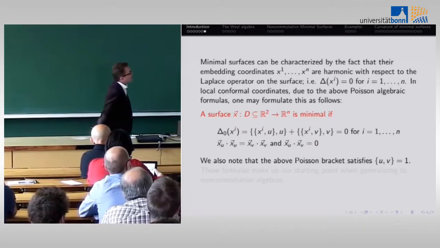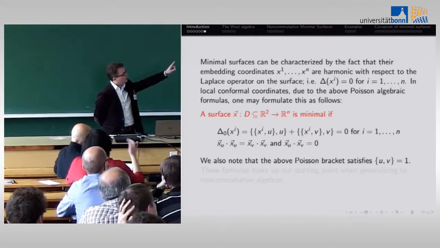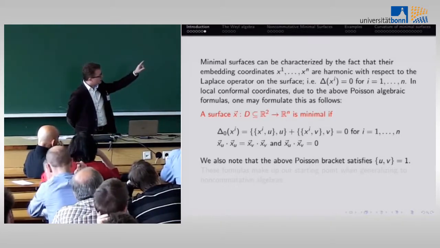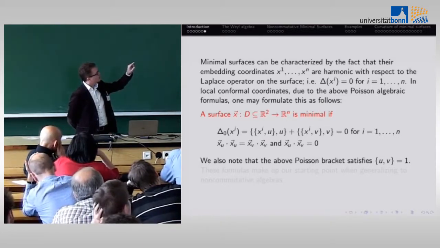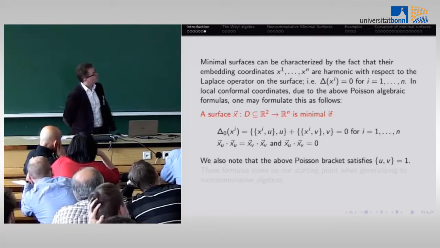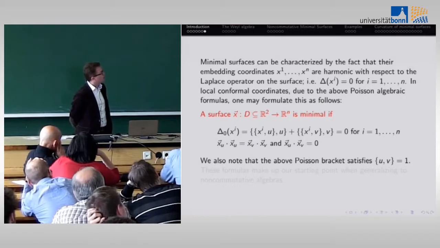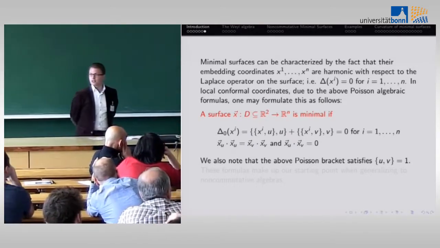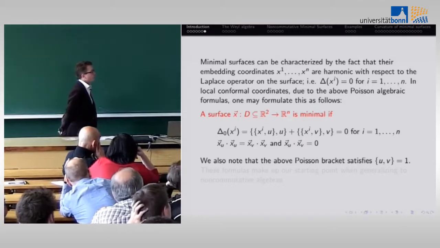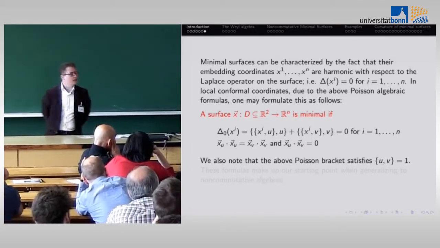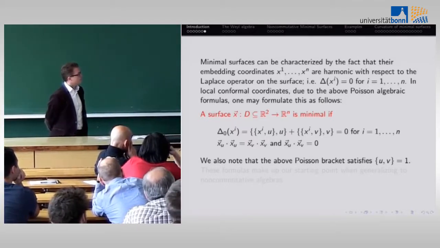Namely, a surface is minimal if the embedding coordinates are harmonic, which can be written in terms of Poisson brackets, and in this very particular coordinate system, we need to ensure that the coordinates are conformal, that the metric satisfies these conditions. These are the components of the metric right here. So the off-diagonal blocks are 0 and the diagonal blocks are equal. Right, so this is how you could state the problem of finding minimal surfaces in R^n.